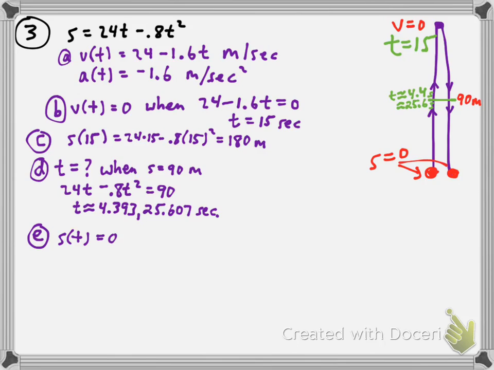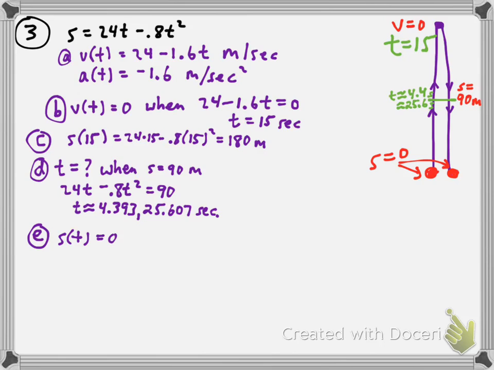So the position or the height being equal to 0 would indicate that the rock is on the surface of the moon. Otherwise, up here at 90, the position is equal to 90. S of 4.4 is 90, and S of 25.6 is also 90. So being able to interpret what is going on here is very helpful to be able to solve any of these kinds of questions.